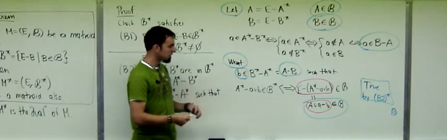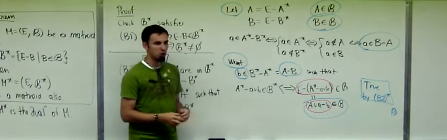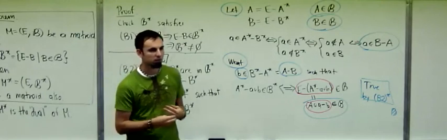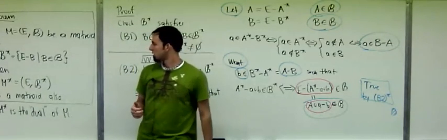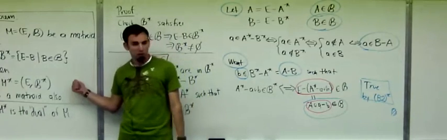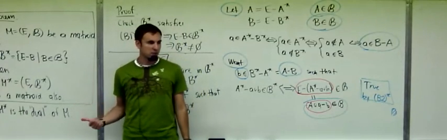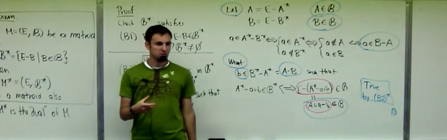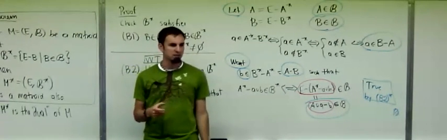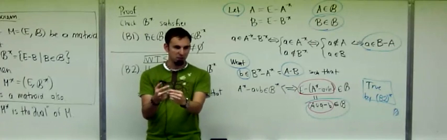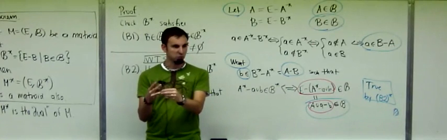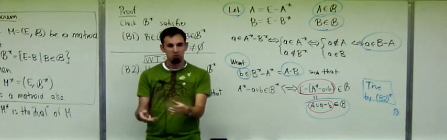So let me just make a comment about how you come up with a proof like this. I mean, remember that in the last class I said that I wanted to prove this theorem about duality, and the way that I was going to prove it was using 3 steps. So you should look back at your notes from last time and see that I said 3 steps. The first step was a lemma about circuits. The second step was a lemma about bases. And the third step was actually proving the theorem. How did I come up with that proof?